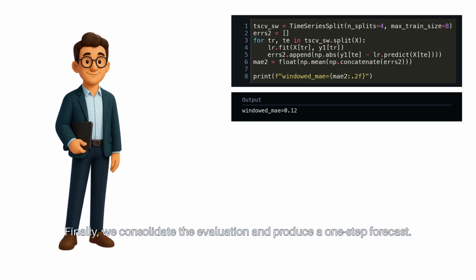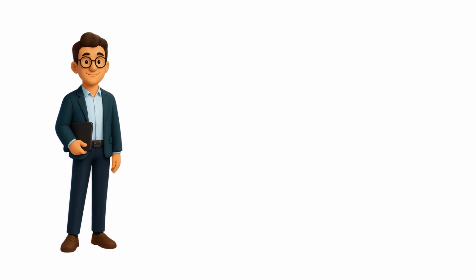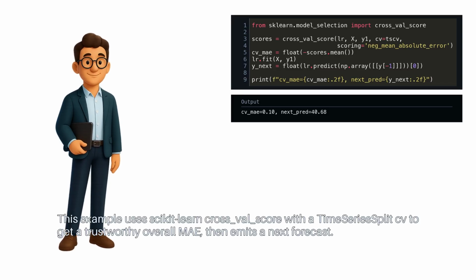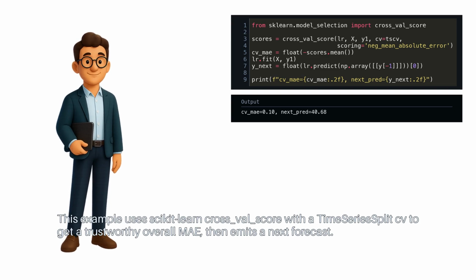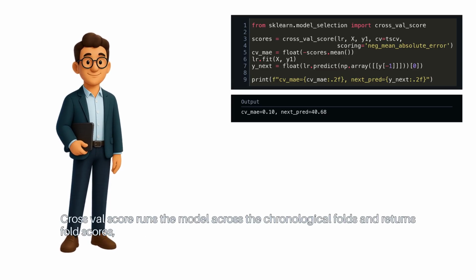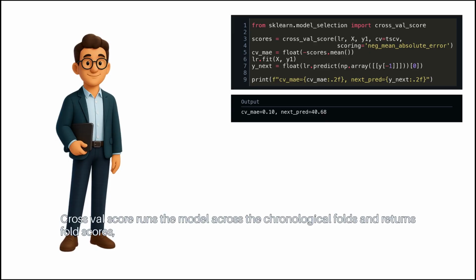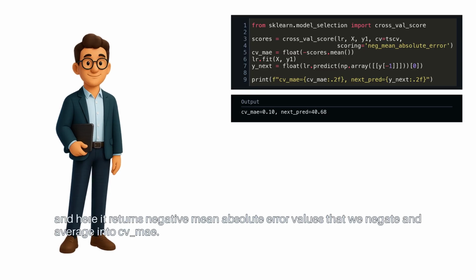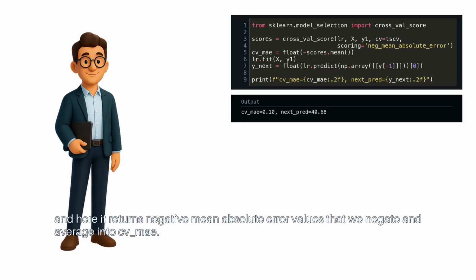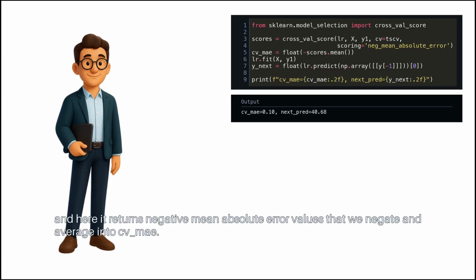Finally, we consolidate the evaluation and produce a one-step forecast. This example uses scikit-learn cross_val_score with a TimeSeriesSplit CV to get a trustworthy overall MAE, then emits a next forecast. Cross_val_score runs the model across the chronological folds and returns fold scores. And here, it returns negative mean absolute error values that we negate and average into CVMAE.